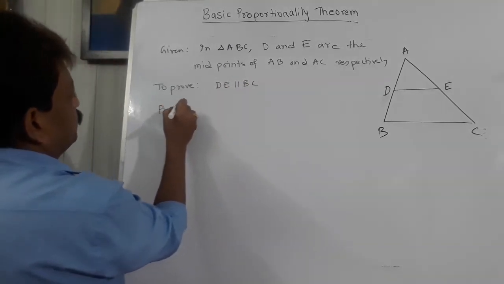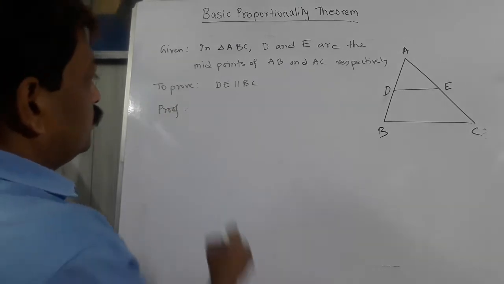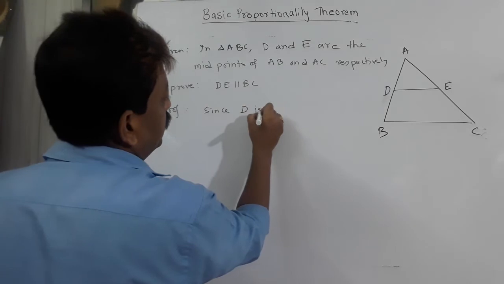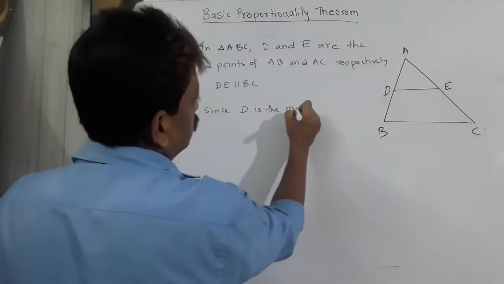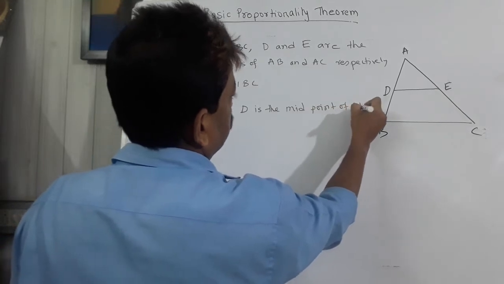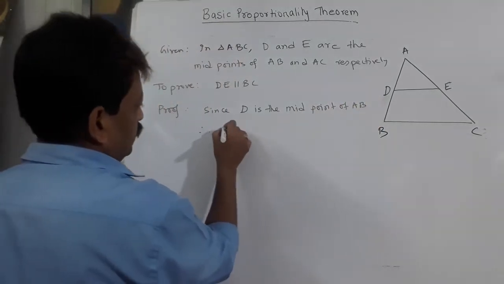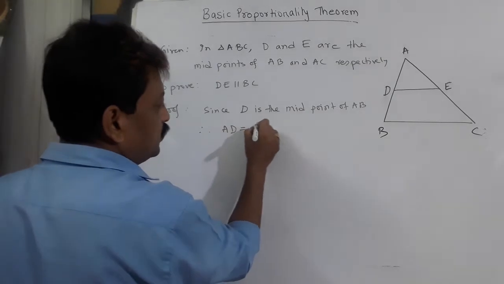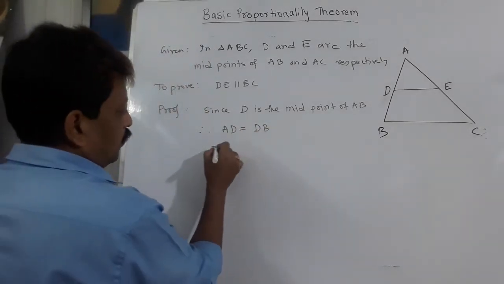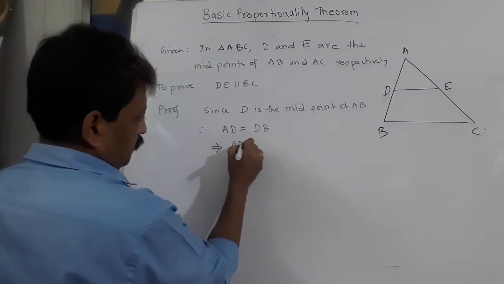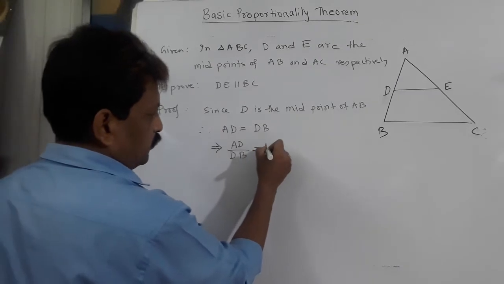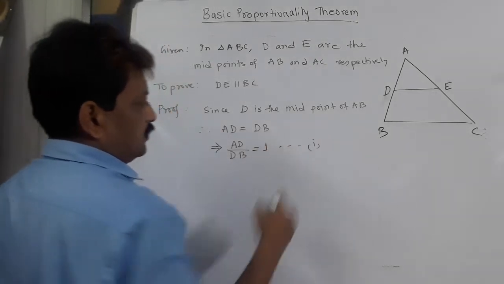And proof. So since D is the midpoint of AB, therefore we can say AD equals to DB. D is the midpoint, so AD and DB are equal, which implies we can write AD upon DB, dividing both sides by DB, we get 1. So this is equation number 1.